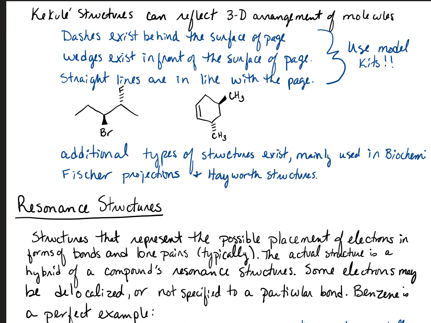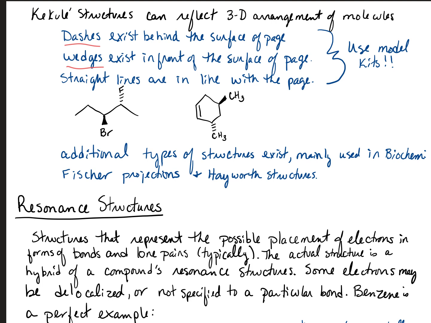We can arrange Kekulé structures in a way that reflects 3D space, and that's one of the cool things about them. Dashes exist behind the surface of the page. I often say that you dash back home sometimes to study chemistry. I'm sure everybody does. Wedges exist in front of the page, and the straight lines are in line with the page.